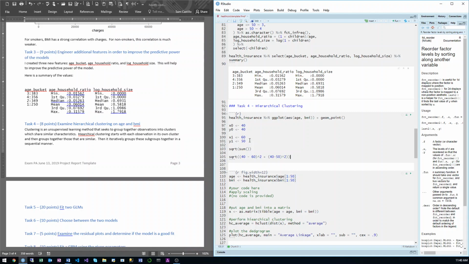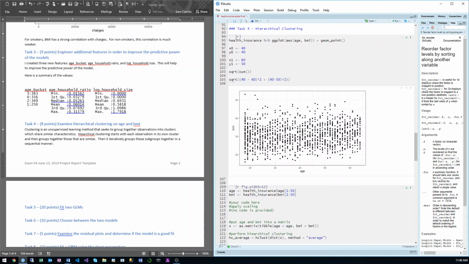And because these variables are not on the same scale, BMI goes from 20 to like 50, whereas age goes from 20 to like 60.